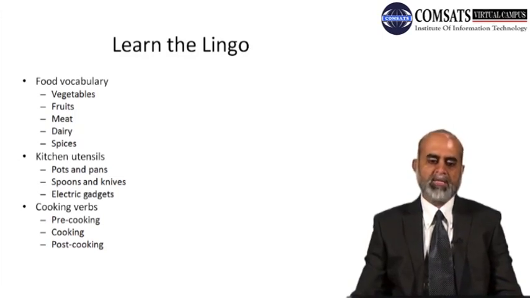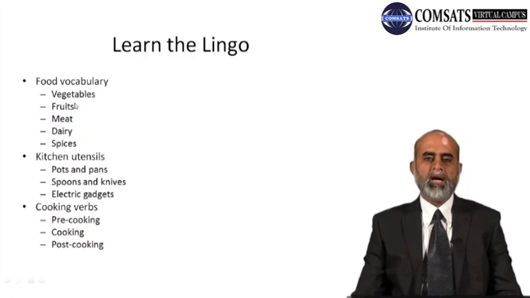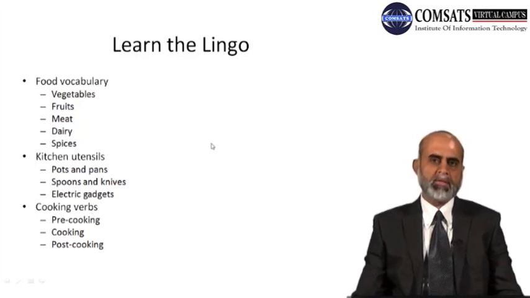You need to enhance your food vocabulary, vocabulary about kitchen utensils, vocabulary about cooking verbs. In fact, in your notebook you should write food vocabulary, and you should classify them under vegetables, fruits, meat, dairy and spices, etc.